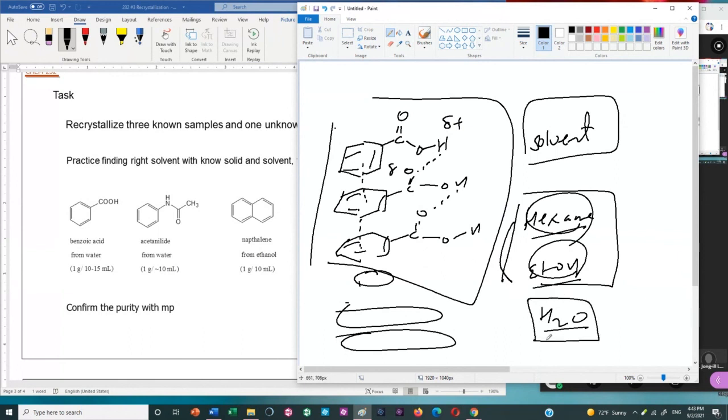Water did not dissolve it, but when you boil it, it will dissolve. Why does that change? It wasn't soluble, but why does it become soluble? And then how do you know some compound will have good solubility in some solvent or not?